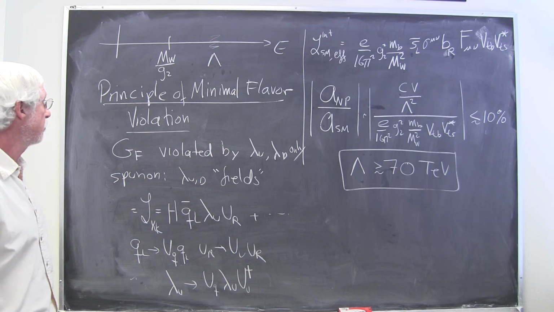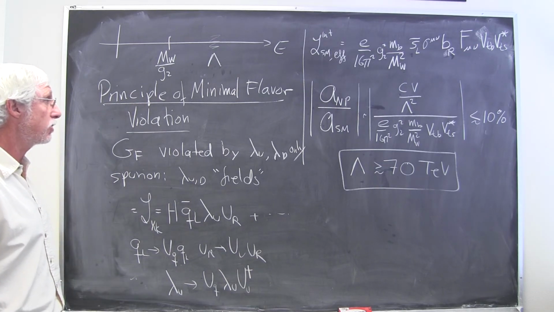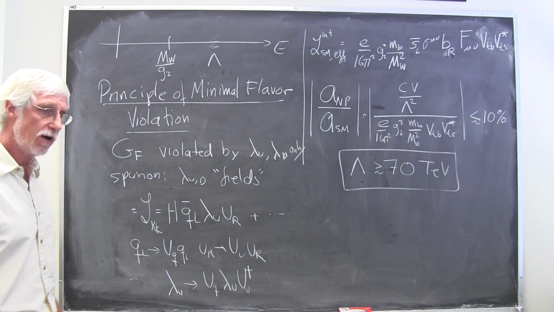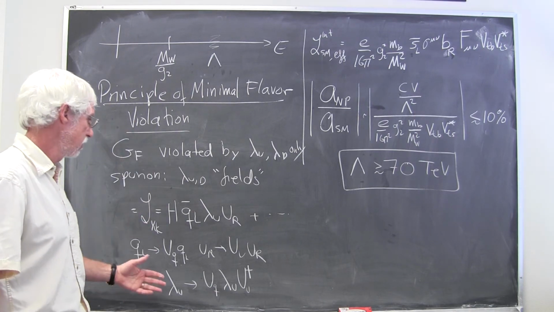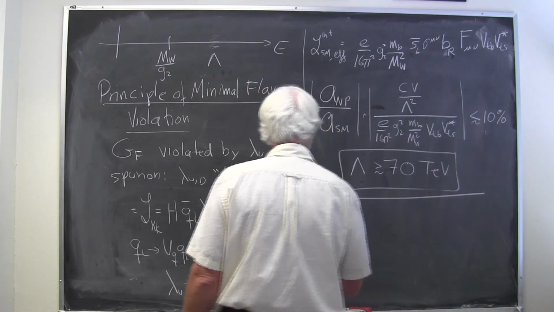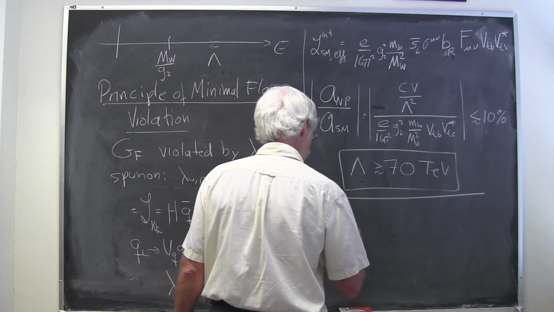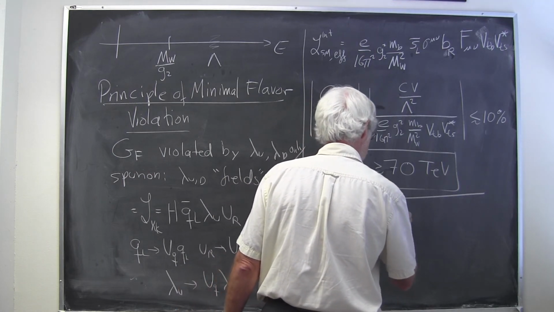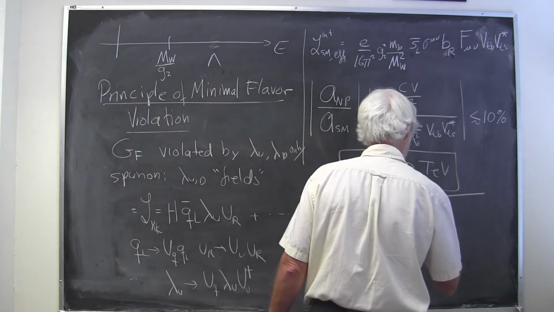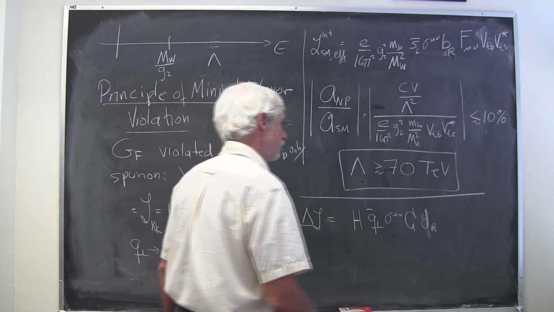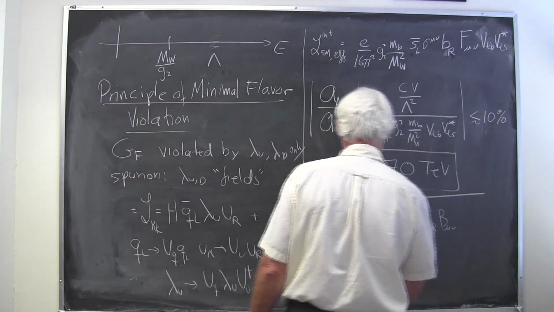And then the idea of the principle of minimal flavor violation is that we can construct terms in the effective Lagrangian, but they have to satisfy this invariance. So remember we had in our example a term of this form, H Q bar left, sigma mu nu, I'm going to put a matrix here, D right, D mu nu over lambda squared.